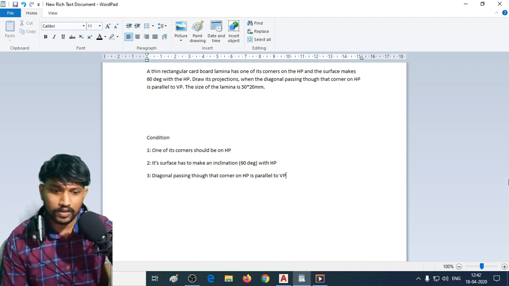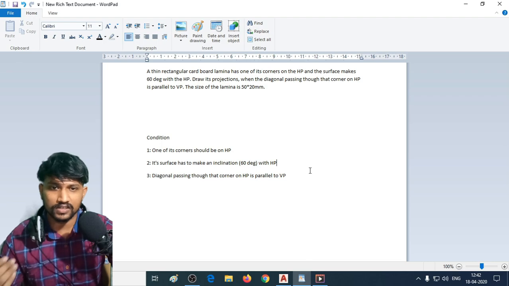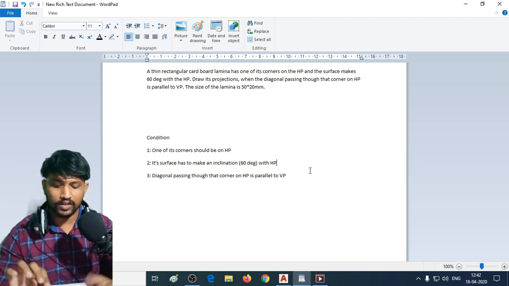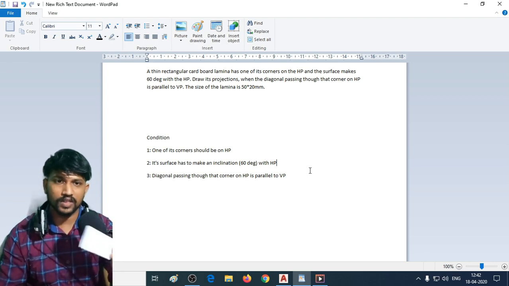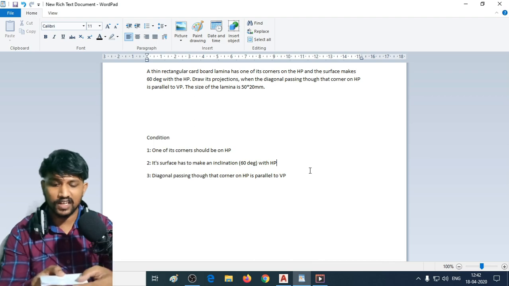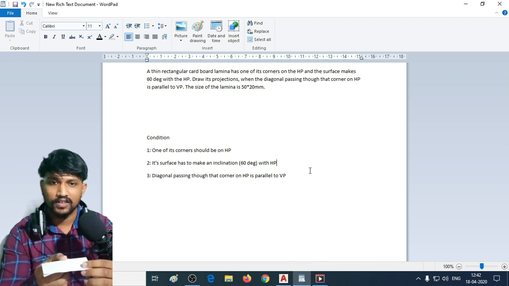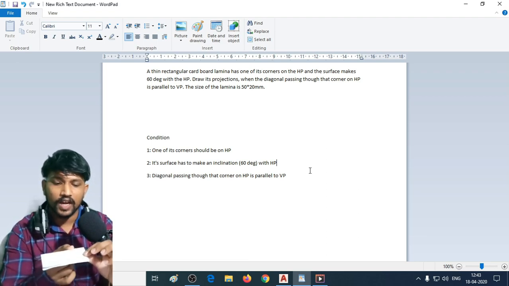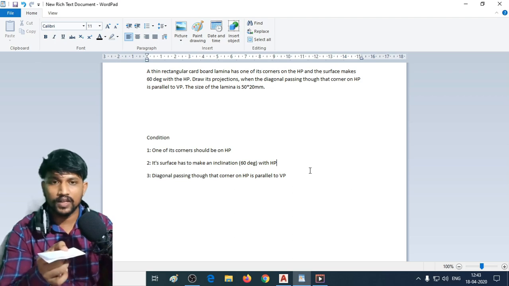So in this one you have to choose conditions in such a way that it is going to give you the initial step. Right now I'm going to assume that this rectangle is lying on the horizontal plane, and since I want this diagonal to be parallel to the vertical plane, I will keep it parallel to the vertical plane.